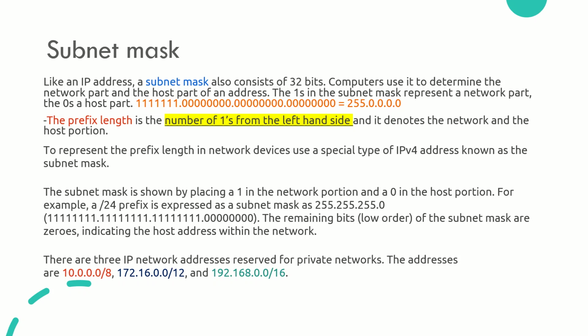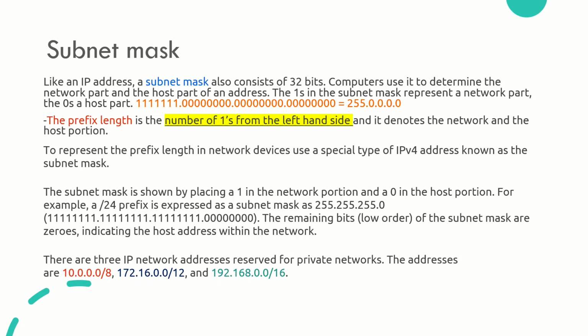And also, what is a subnet mask? As we saw earlier, the IP address is divided into the network and host portions. Like an IP address, a subnet mask also consists of 32 bits.